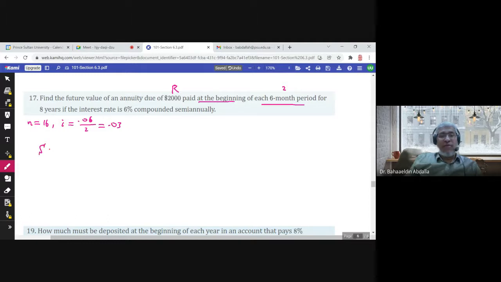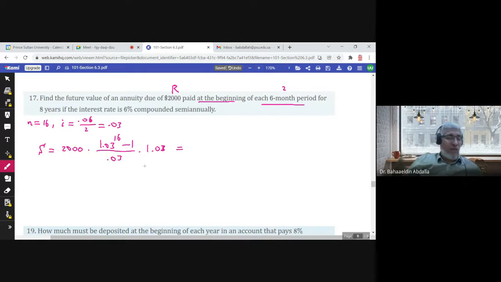And S would be R, which is 2000 times 1.03 to the power n minus 1 over I times 1 plus I.